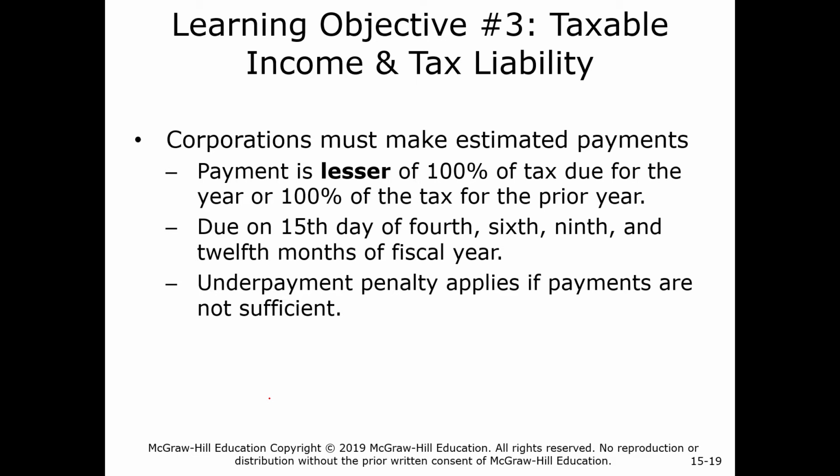In order to avoid the underpayment penalty, they have to pay the lesser of 100% of the tax due for the current tax year or 100% of the prior year. The payments are due on the 15th of the 4th, 6th, 9th, and 12th months.